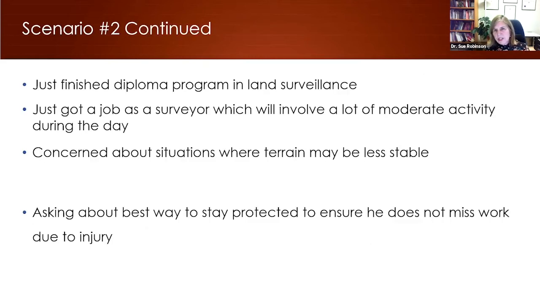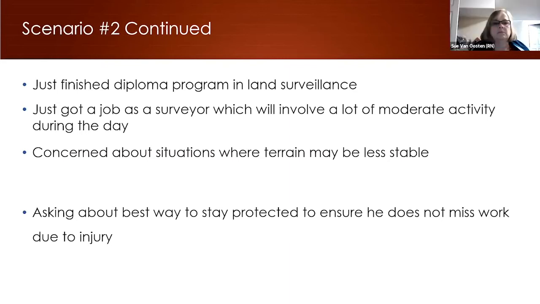He just finished his diploma in land surveillance, and he got a job as a surveyor. And this was going to involve a lot of moderate activity during the day, no longer sitting at the desk all the time. He was concerned about situations where terrain may be less stable. He was asking about the best way to stay protected to ensure he didn't miss work due to injury.